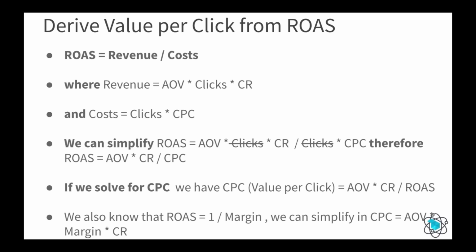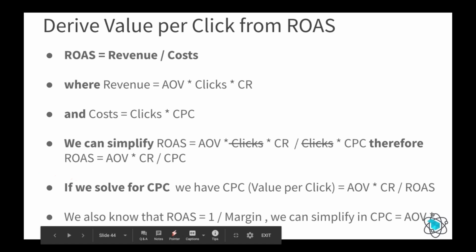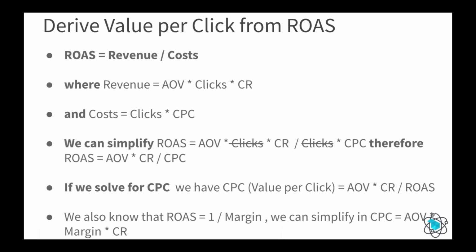So let's try to read the real meaning behind this formula. That means that our cost per click, the value that we're willing to pay for a specific click, would be $100 multiplied by 50%, multiplied by our classic 1% conversion rate.